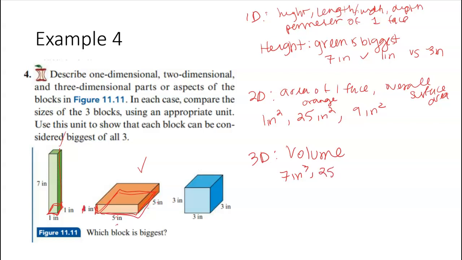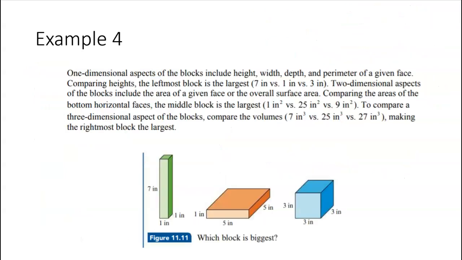So that's going to be 25 cubic inches. And then this one is 3 by 3, so that's 9 cubic inches, but I'm going to stack it 3 high. So 27 cubic inches. So the blue is the biggest. I've described each of these in their dimensional aspects and used them to show that they could all be considered the biggest. And there it is written out for you.